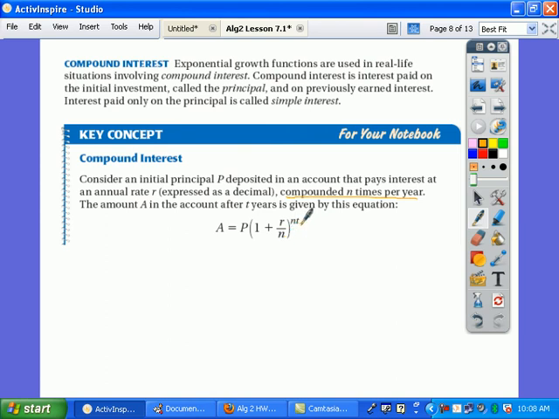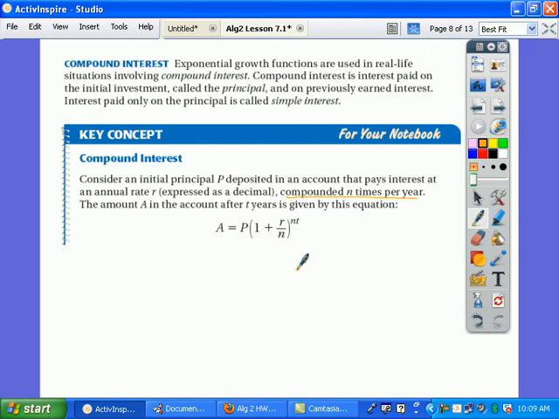So if your savings account compounds quarterly, then you're going to divide the rate of interest by 4, and then multiply the number of years you're investing by also 4. Okay, but this formula is very, very useful and also needs to be memorized.